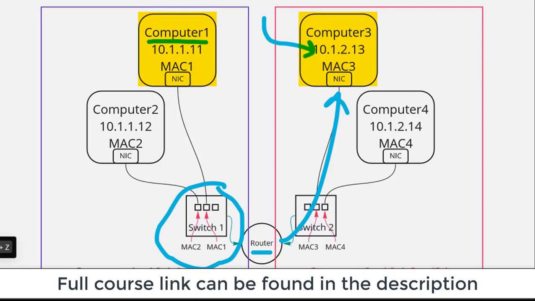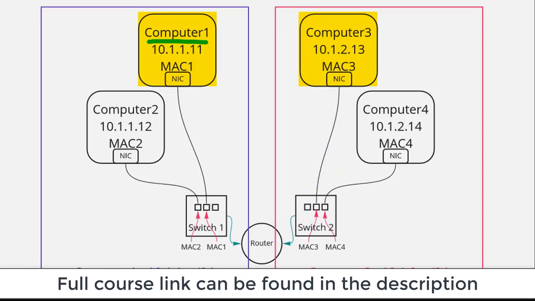Well, the way that it does that is it uses the TCP/IP stack of the computer to send traffic to its default gateway. So what do we mean by a default gateway? Well, this router here has its own network interfaces, and those network interfaces are connected to the respective switches.